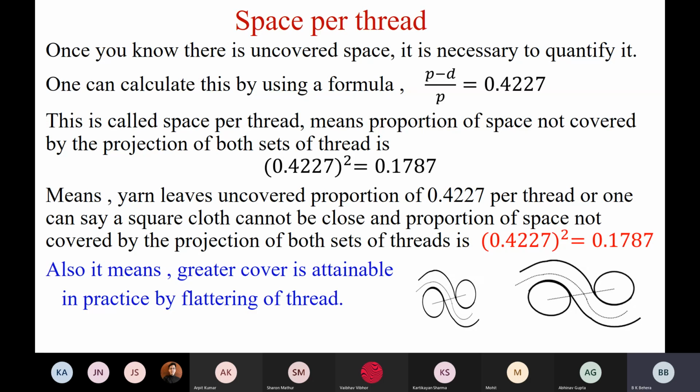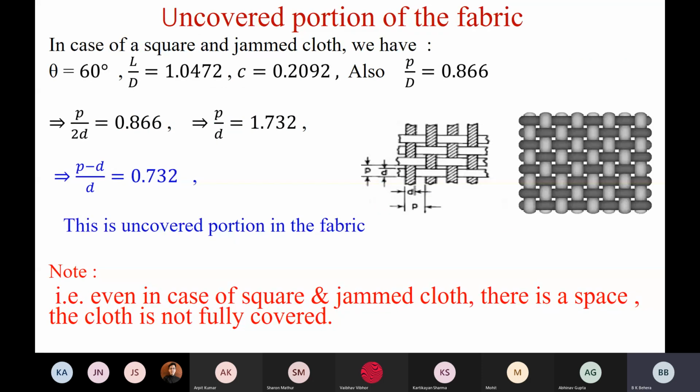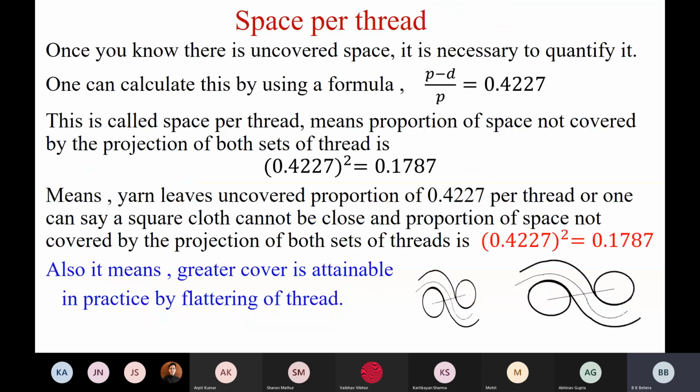See, when we talk about space per thread or uncovered portion or cover factor, all these three parameters are estimated or considered based on a projection. You understand projection?